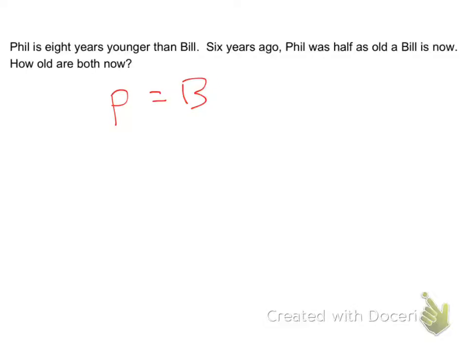That makes it really nice because that means if I use P for Phil, Phil is not equal to Bill's age, since Bill is older, right? If I take Bill's age and I subtract 8, I'll have Phil's age. Can you guys agree with this? You guys see how I like to set these up? I like to set them up as saying, hey, Phil and Bill are equal.